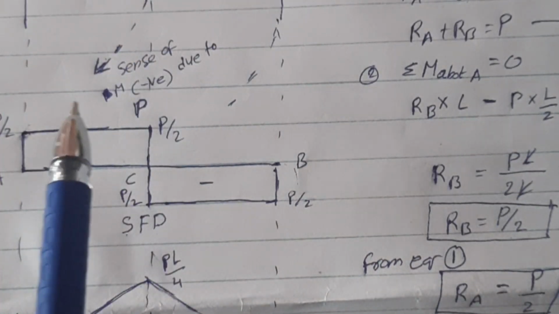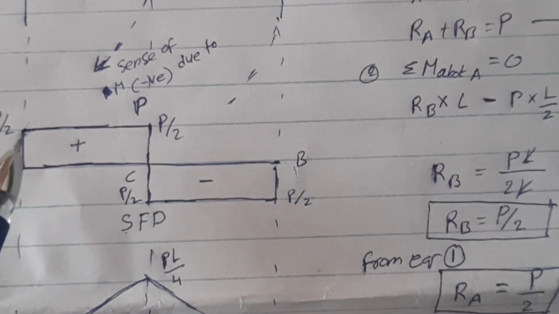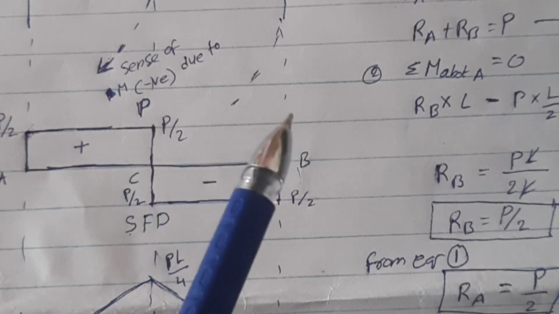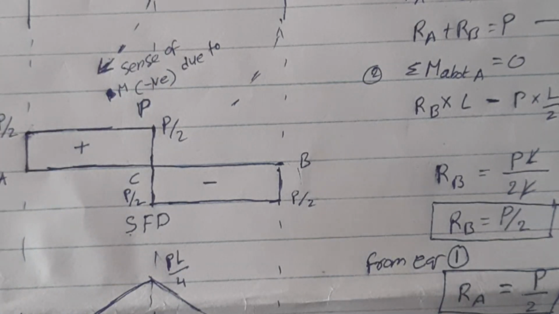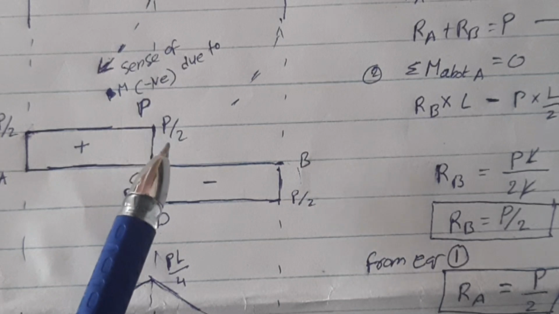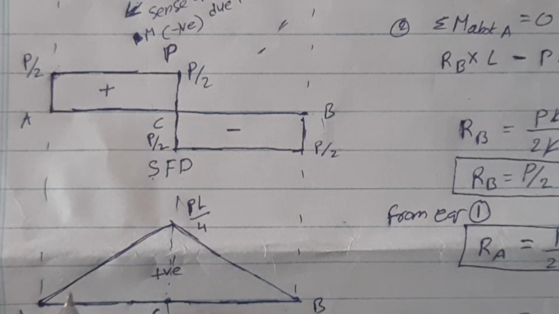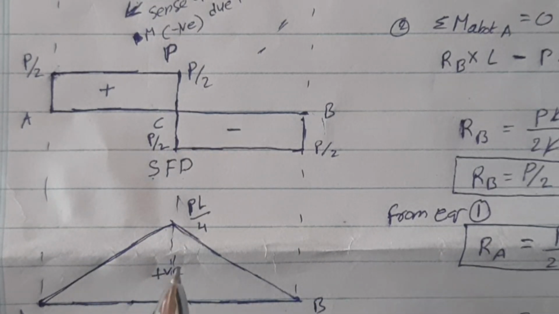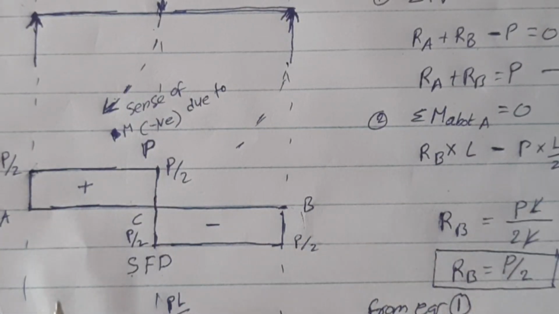If UDL is acting, the shear force will get converted into linear. The shear force depends on the run over length of the load. Here it converts into a parabola if UDL.